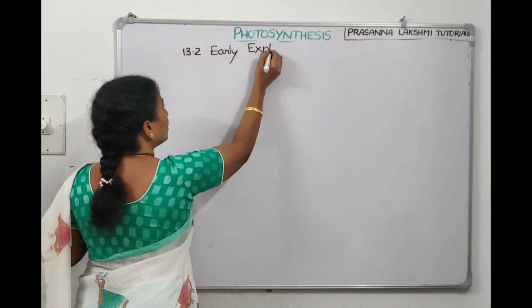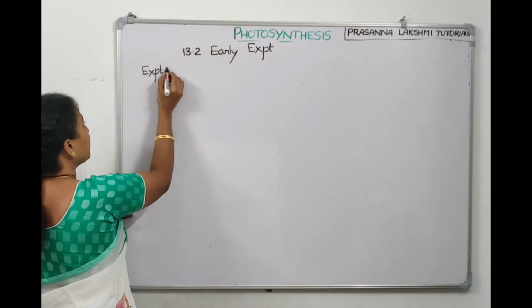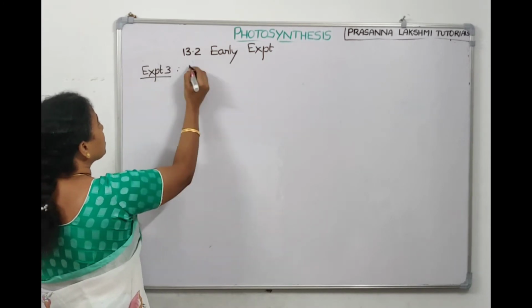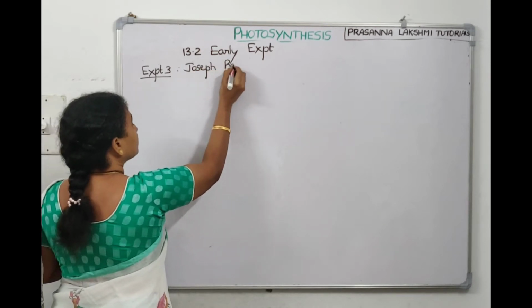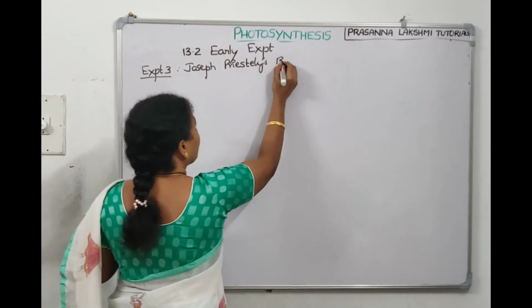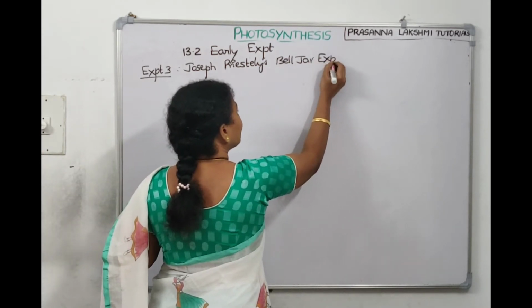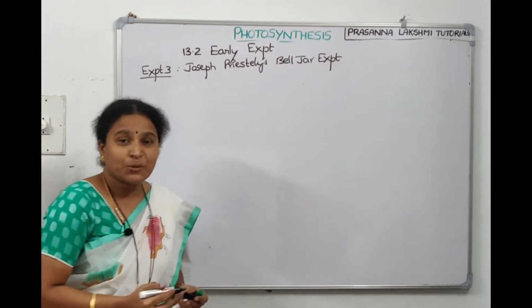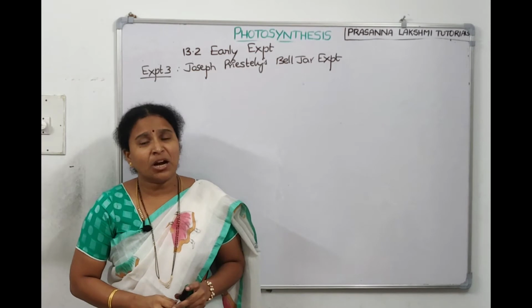Under early experiments, we are going to discuss experiment number 3, which is called Joseph Priestley's bell jar experiment.